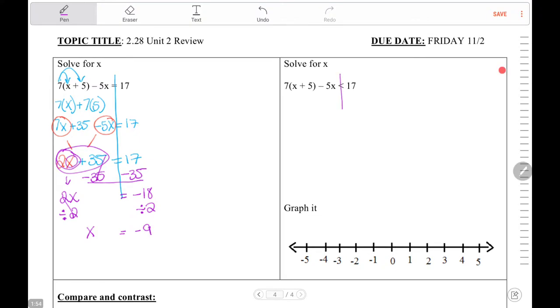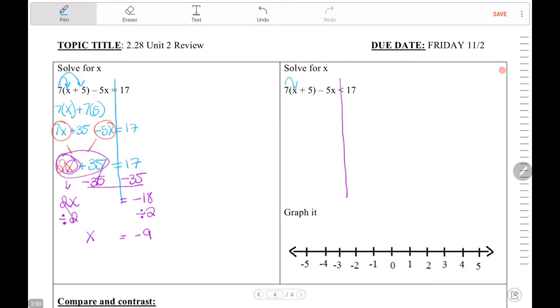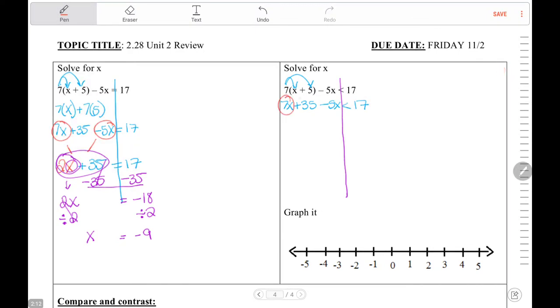Now let's do the same thing with the inequality. And if you notice, it's the same exact numbers. So we're going to do that same thing. I'm going to distribute. Okay, then I'm going to combine like terms.